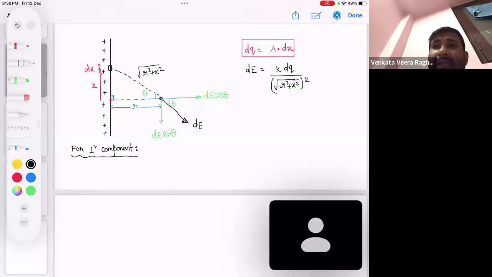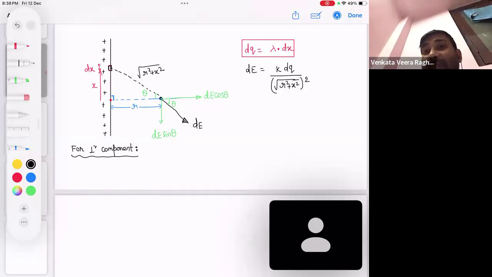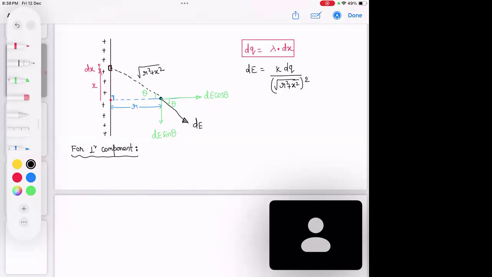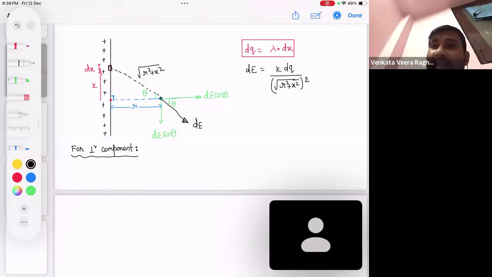Perpendicular will not get cancelled out. Check it. Along can cancel out if it is symmetric, that too in the case of a symmetric arrangement. Okay, along will get cancelled out. Perpendicular will remain there, isn't it? Why? Because the other element will create field like this. Again, it will have two components like this.